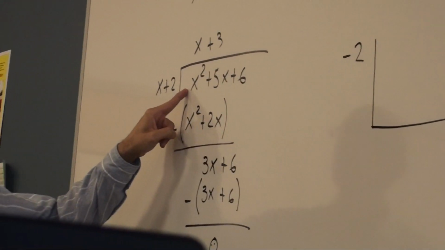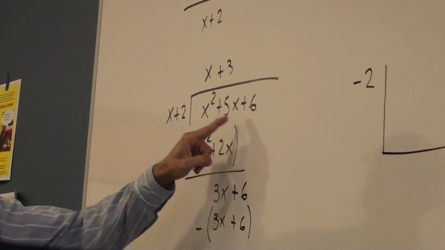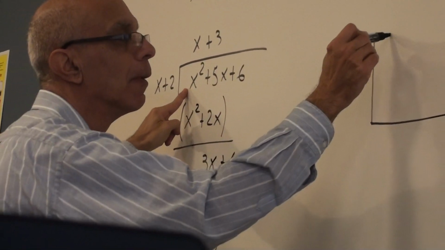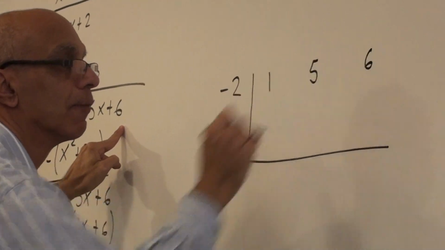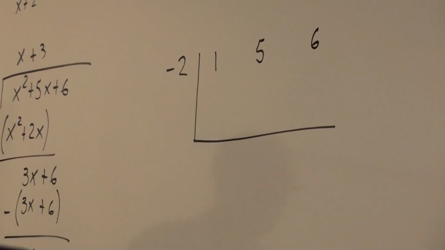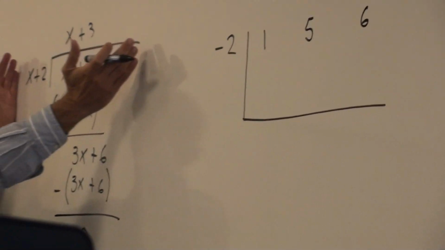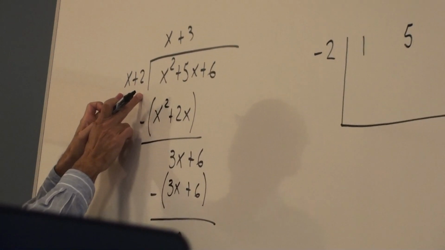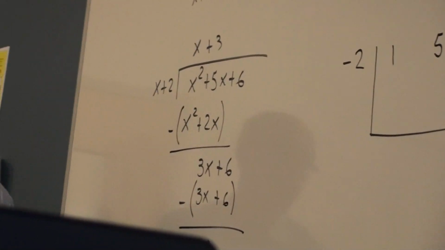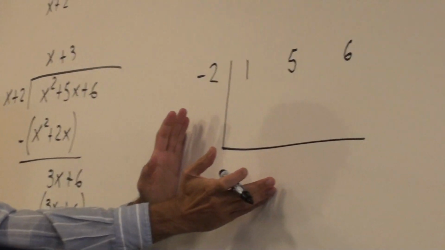Now, I pick up the coefficients of the polynomial, and here I have 1, 5, and 6. Okay? So this is the setup. The setup for the long division was this here, right? You do polynomial, and you do binomial here, and you start the division. The setup for synthetic division is like that.